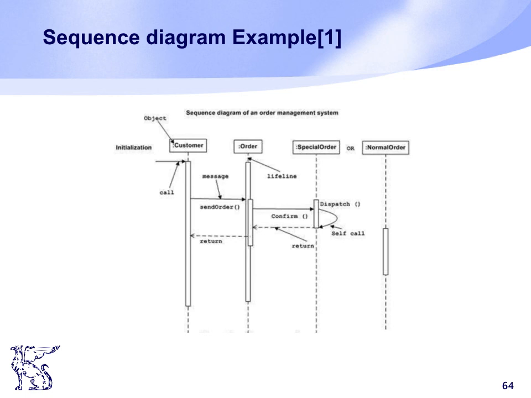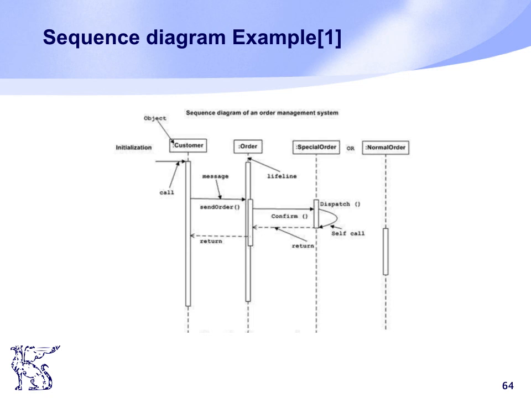Then each call needs a return or reply message. So for the confirm call we are returning a reply message, which is represented as a dashed line. And as we made another call, send order, we need one more reply, which is also shown here as a dashed line because it's a return or reply message.